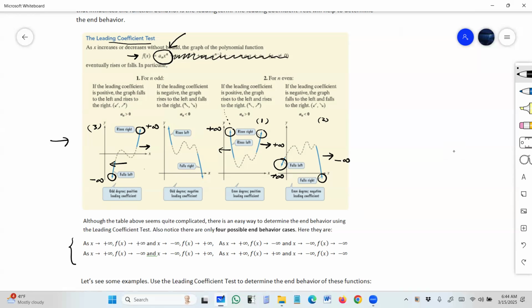And the last case is exactly the opposite of case number 3. As x goes to positive infinity, the polynomial goes to negative infinity. And as x goes to negative infinity, the polynomial goes to positive infinity.